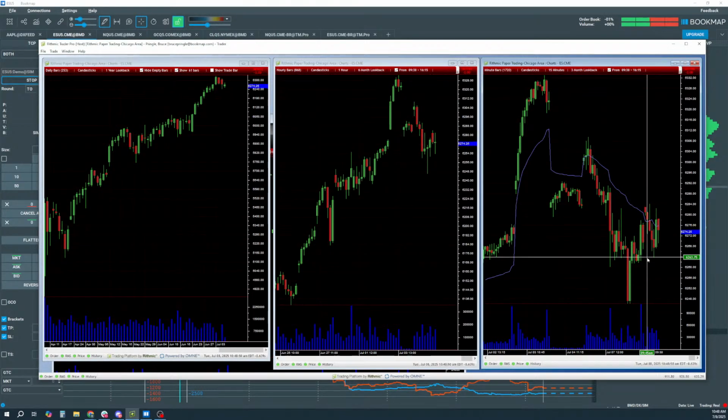This 64 level in here is not it, not in my book. So I wanted to see that selling momentum go a little bit lower here, and test some of these areas down here, reject, and then come back up. And we didn't get that.